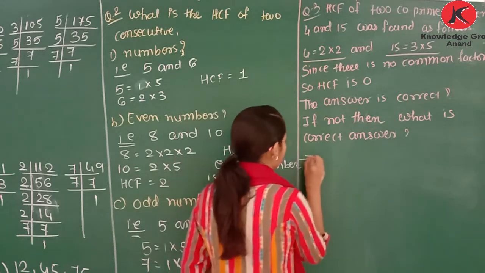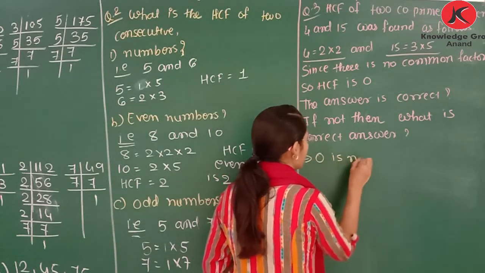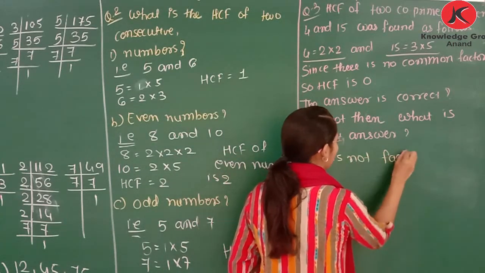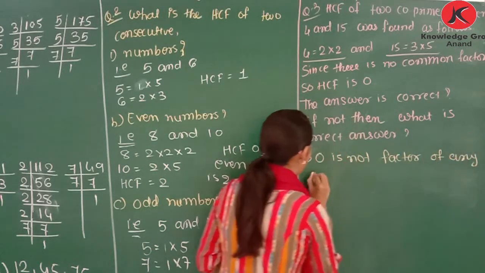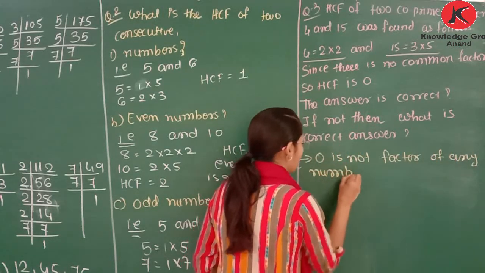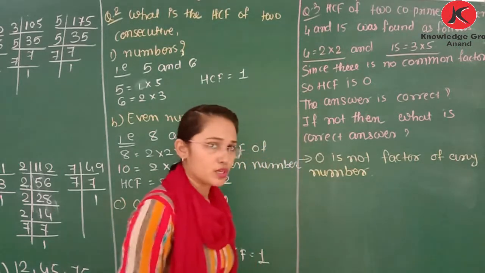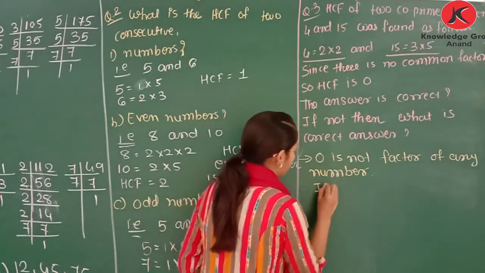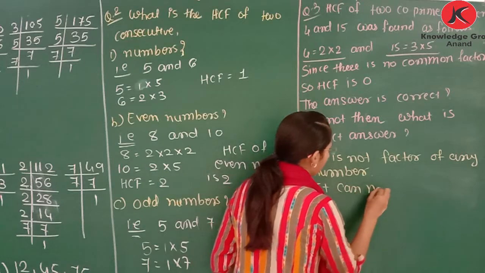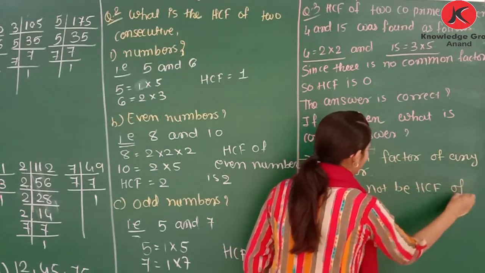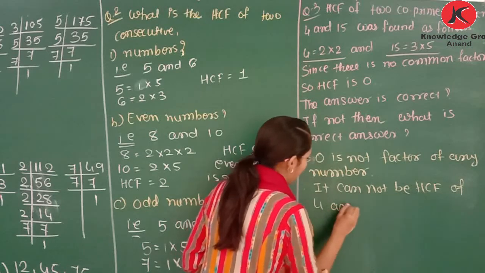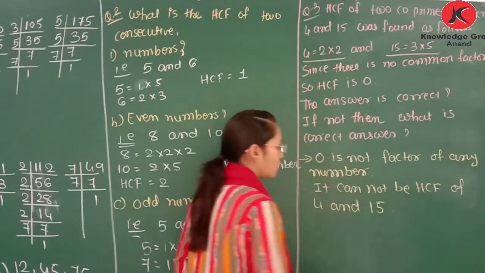So we can write: 0 is not a factor of any number. So it cannot be the HCF of 4 and 15.